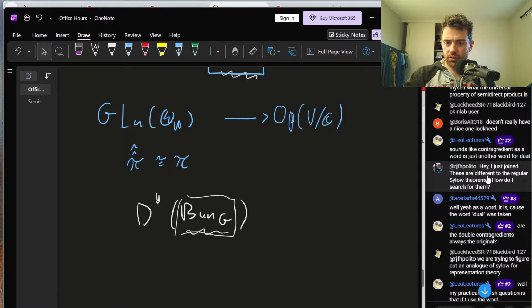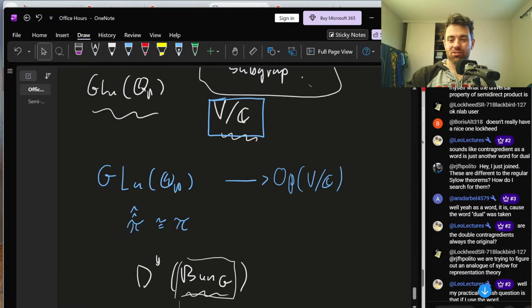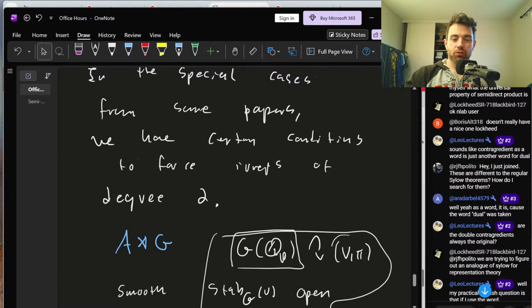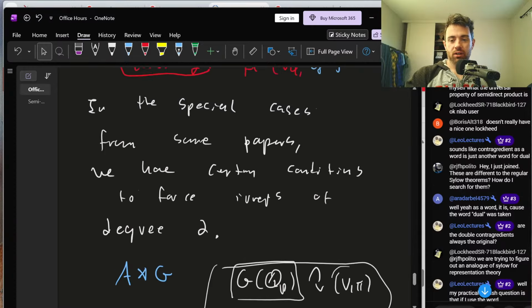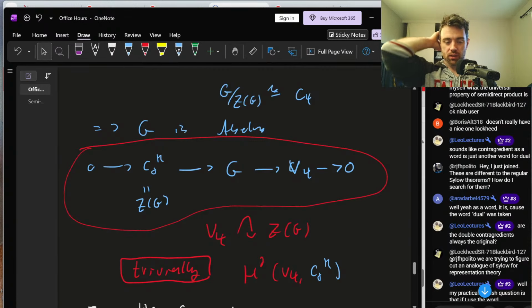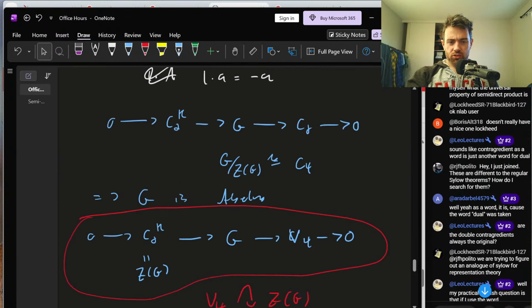You just joined. These are different to the regular Sylow theorems. How do you search for them? Well, there is no such thing as them yet. That's the point of the stream. One of my regular viewers yesterday asked, what's the analog of the Sylow theorems in representation theory? I don't really know. There isn't really such a thing that's known.